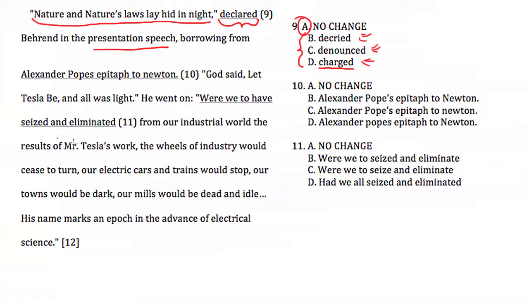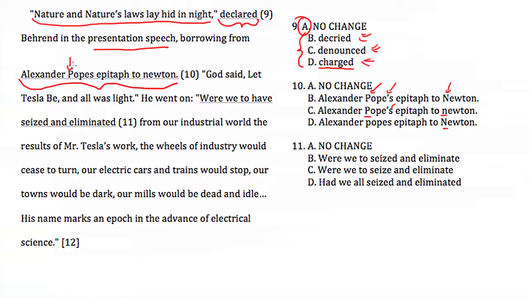Question 10 is in the exact same sentence, and it's asking about this right here, Alexander Pope's epitaph to Newton. Now we can leave this the way it is, or we can capitalize Pope and add an apostrophe and then capitalize Newton. We can capitalize Pope, add the apostrophe, and not capitalize Newton. Or we can just capitalize Newton.